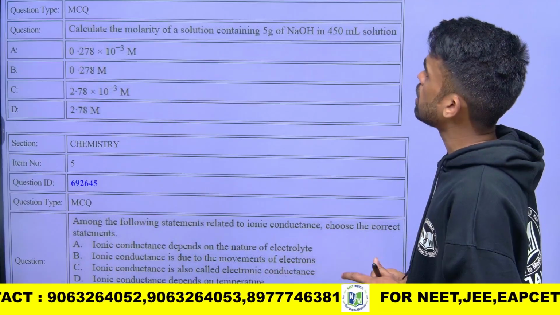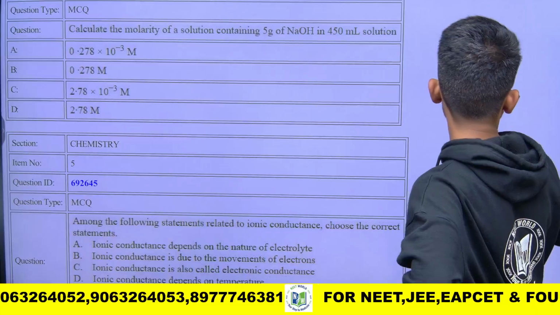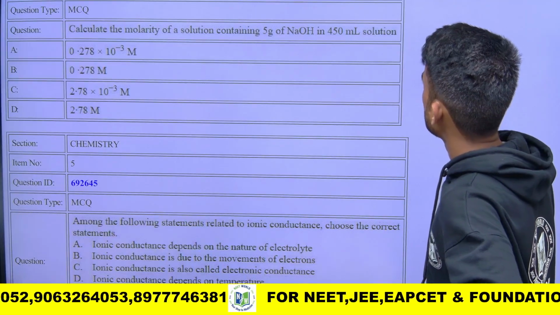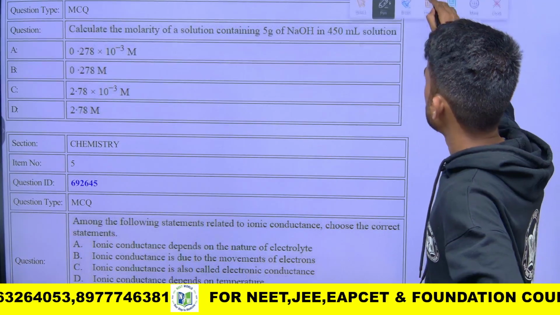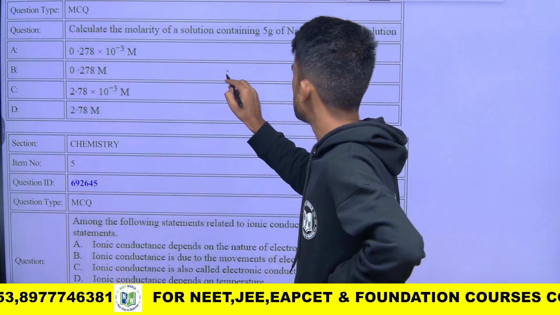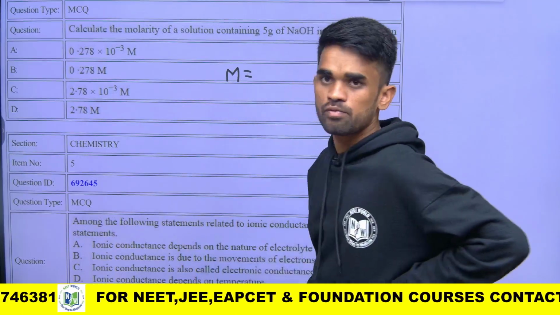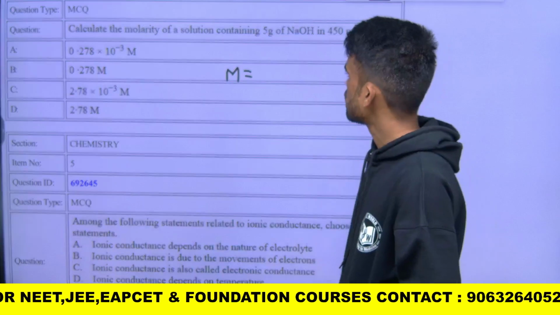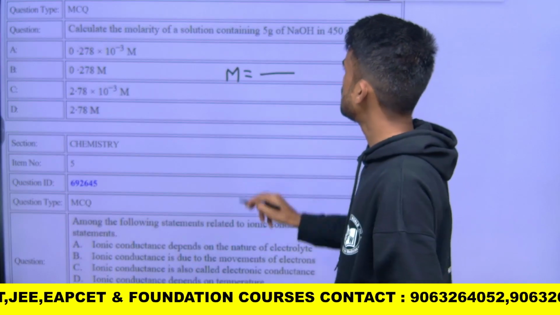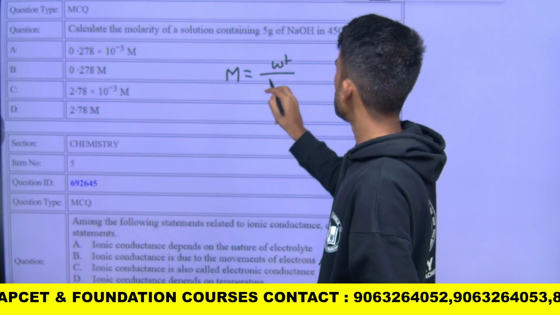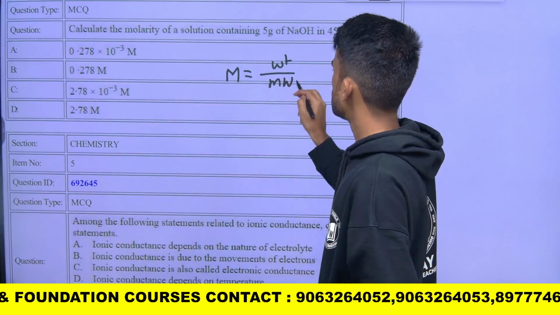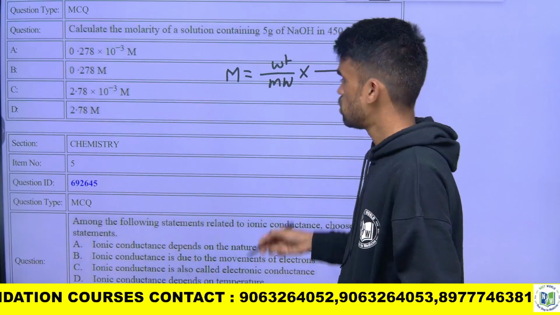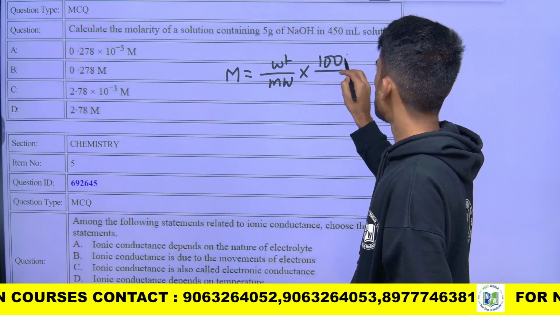Calculate the molarity of a solution containing 5 grams of NaOH in 450 ml of solution. So how can we find this? Molarity equals the number of moles of solute divided by the volume of solution in liters. Now the number of moles I can write as given weight by gram molecular weight of solute, into 1000 by volume in ml.